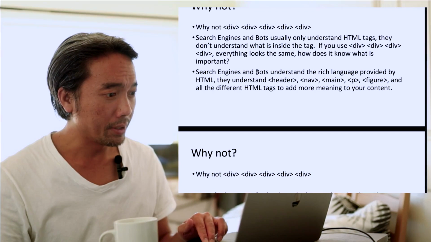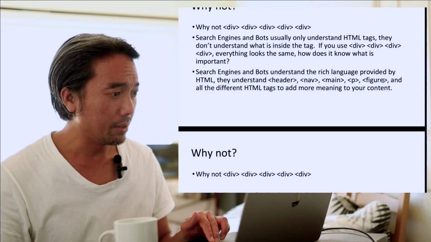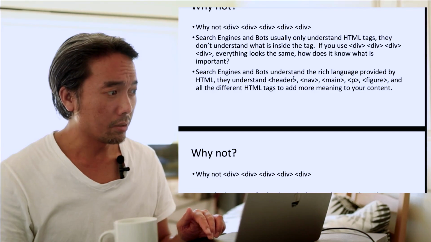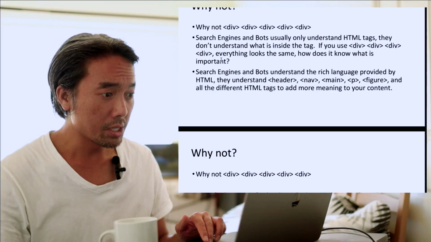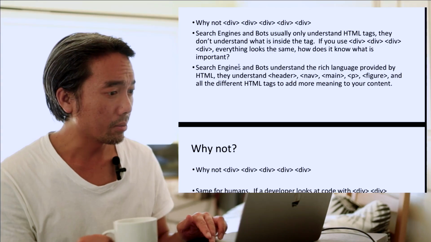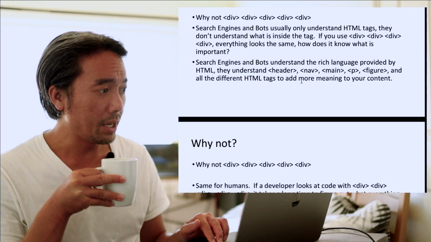So for the different tags that you choose, let's say you choose header, nav, main, p, figure, there's a reason HTML came out with these different tags. It's so that you can describe your content better so that tools like search engine bots, and even coders looking at your code, can understand more the content of the page.